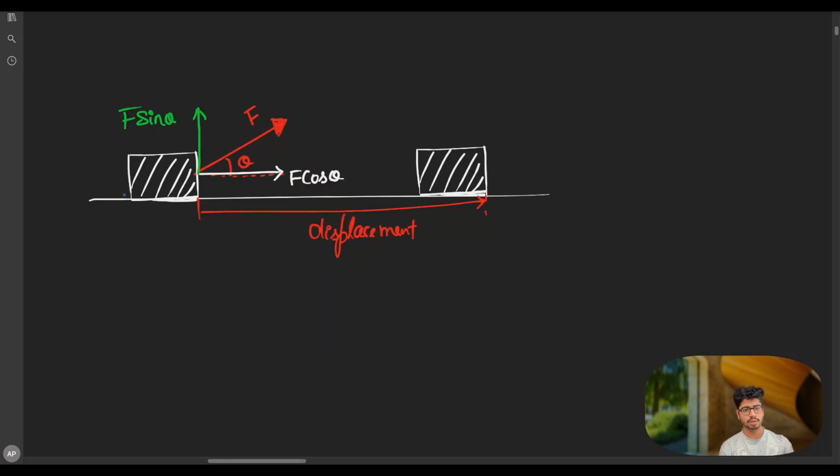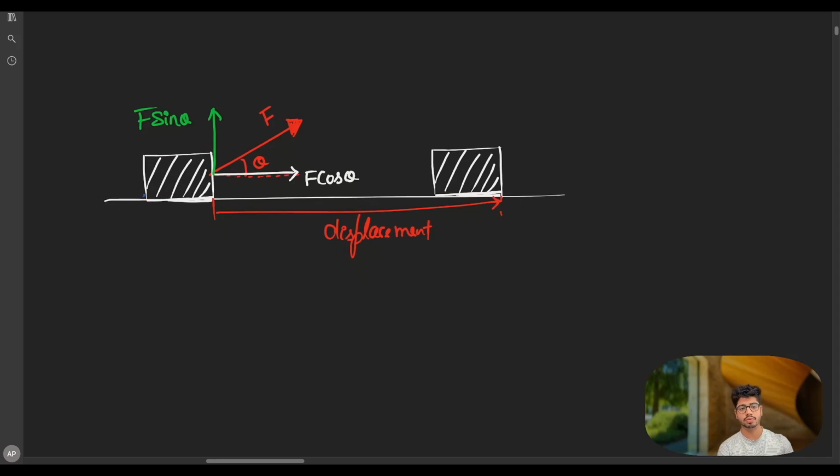Now in this case, what is the friction force direction? Friction force is going to act in the opposite direction, the backward direction. Right now the displacement is in this direction.